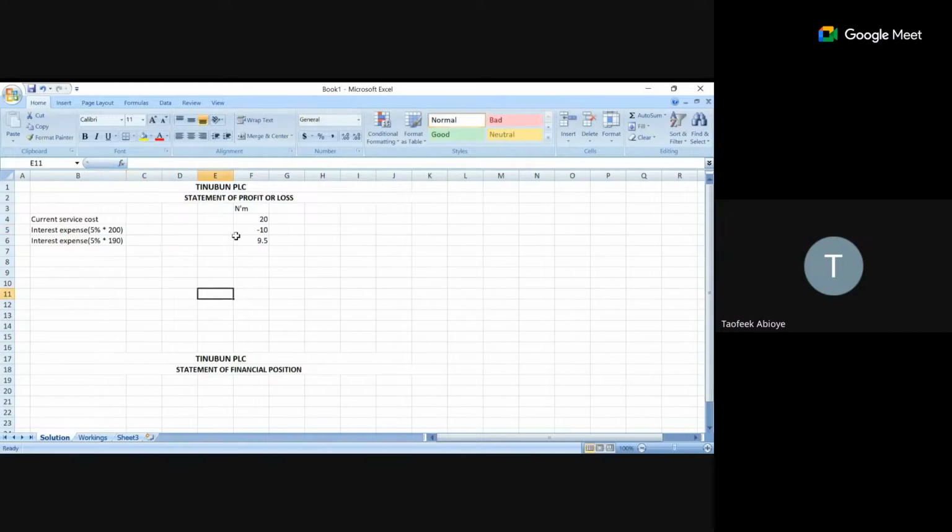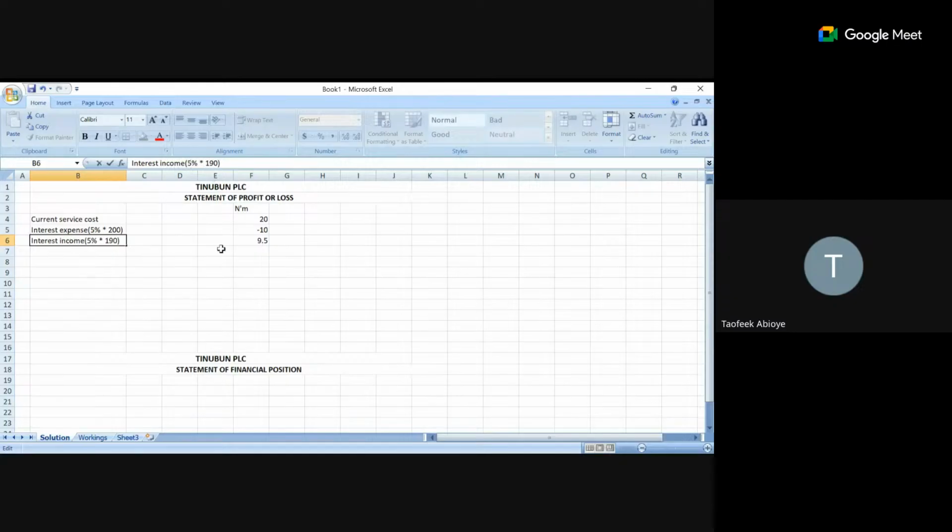So what do we need again? That's all. We report our current service cost, interest expense and interest income. That's what we report in our income statement.